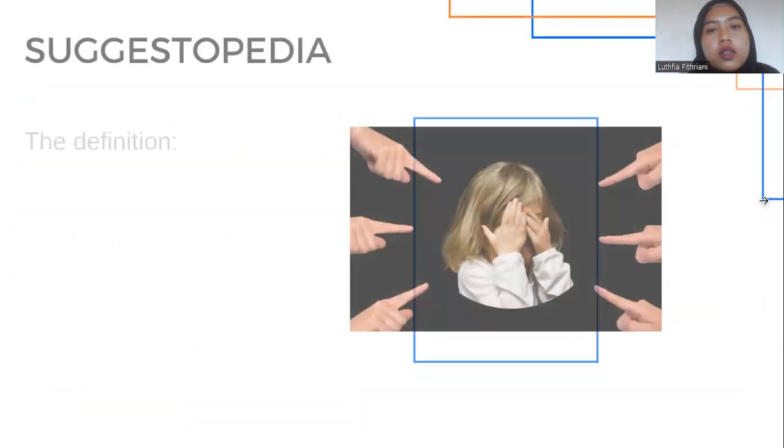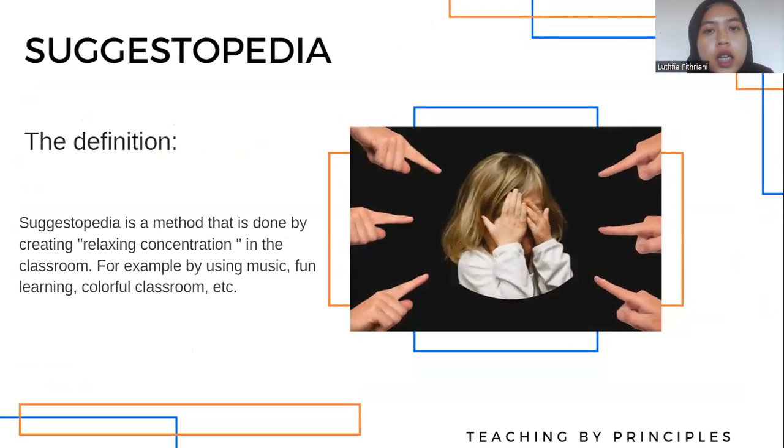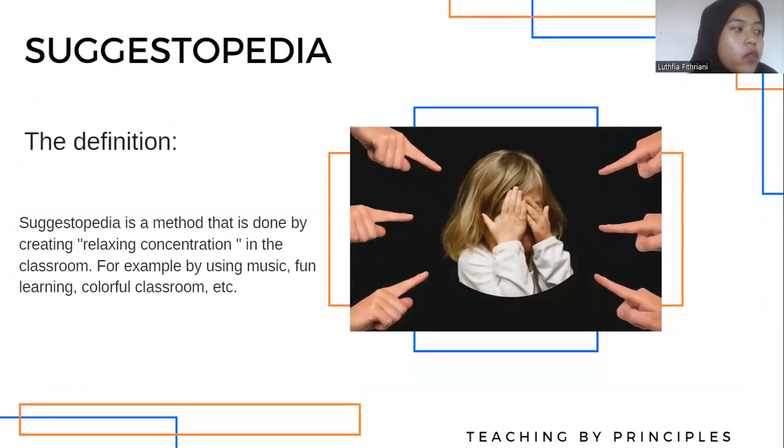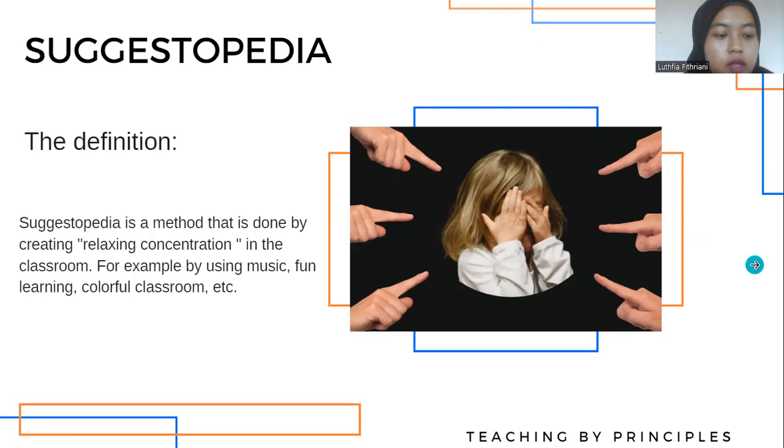The second method in the designer era is Suggestopedia. Suggestopedia was founded by Georgi Lozanov, 1979. Suggestopedia is a method that is done by creating relaxing concentration in the classroom, for example by using music, fun learning, a colorful classroom, and so on.